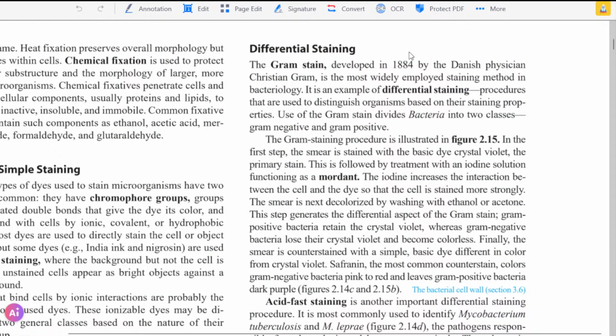Guys, here is the big boss of staining, and that is differential staining, right? Differential staining has 2-3 more categories in it, but even in differential staining, the gram stain is way too popular in microbiology.